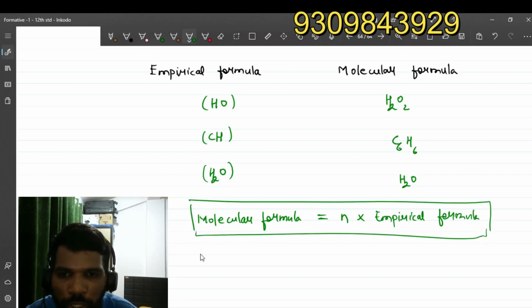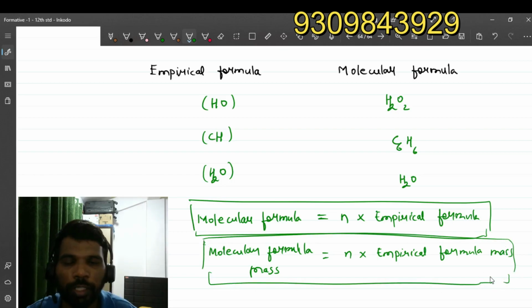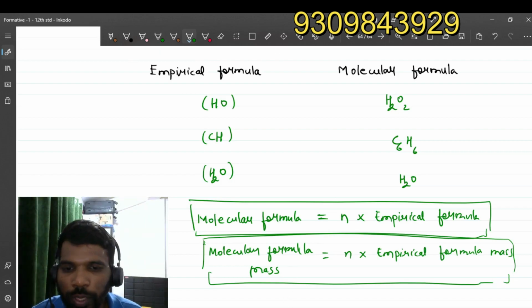This could also be changed to molecular formula mass is equal to N into empirical formula mass. You can use these relations. So let's take one problem on this basis.